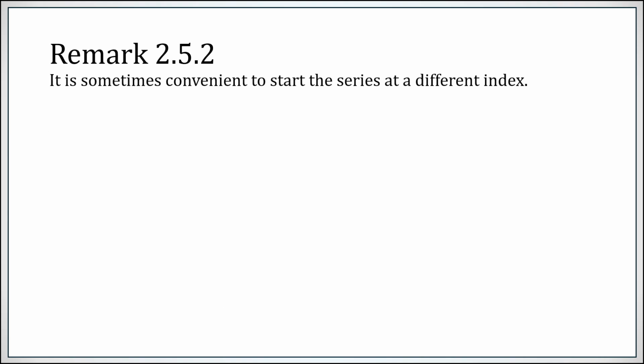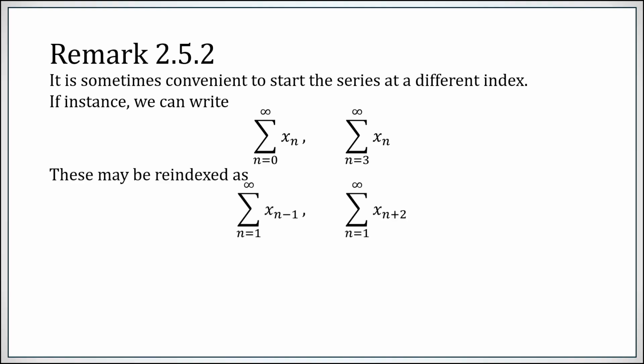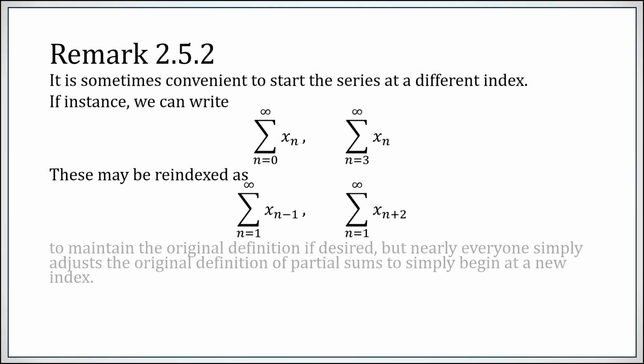It's sometimes convenient to start series at a different index. So if we wrote the sum as n goes from 0 to infinity, or the sum as n goes from 3 to infinity, these can simply be re-indexed. Here, if I wanted to start at index 0, you could imagine it starting at index 1 and subtracting 1 from the index. And if you wanted to start at index 3, you could start at index 1 and add 2.